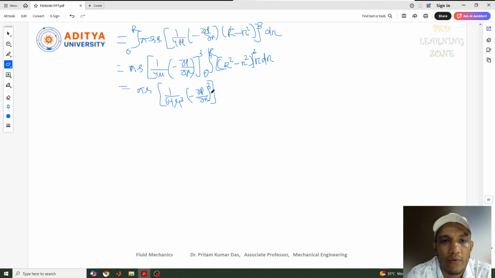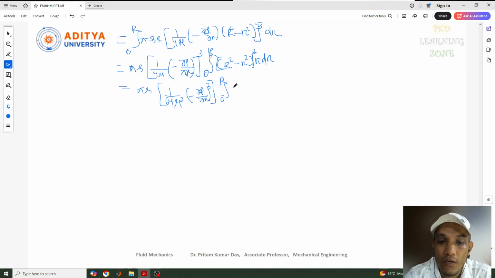So next we'll do integration 0 to r. Now capital R square minus small r square, whole cube is there, so we'll do one thing: we take this as a and this as b, and this one we can consider as a minus b whole cube. So what is the formula for this?